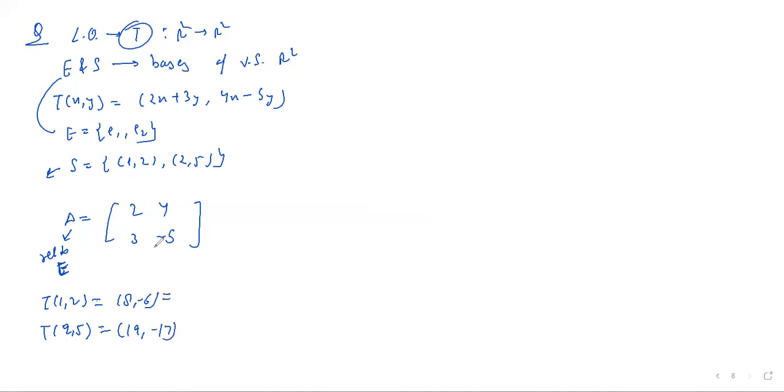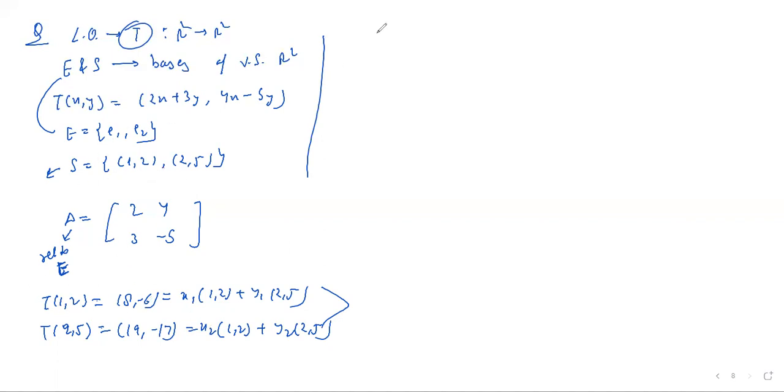Now we write these as linear combinations of the S vectors: x1 times (1, 2) plus y1 times (2, 5), and x2 times (1, 2) plus y2 times (2, 5). Now find the values of these constants x1, y1, x2, y2. You can also find the matrix B by applying P inverse AP.